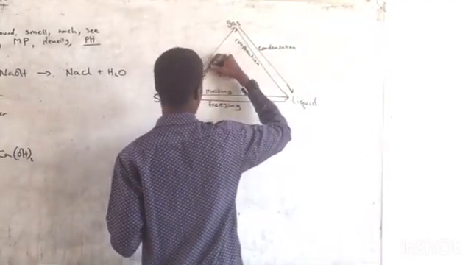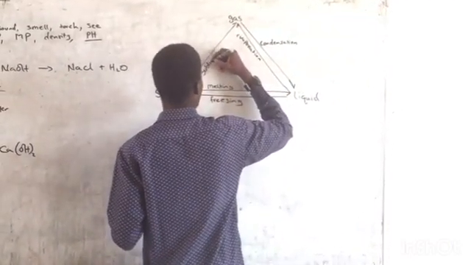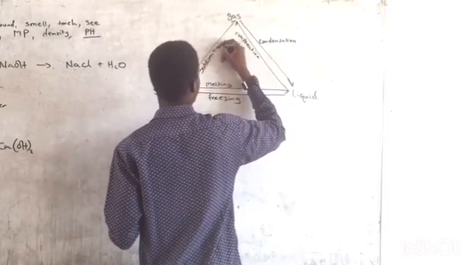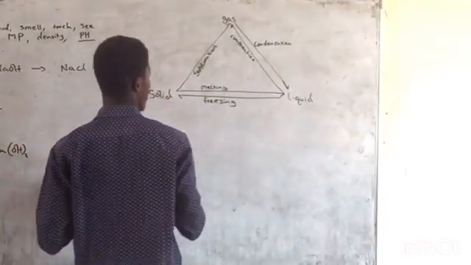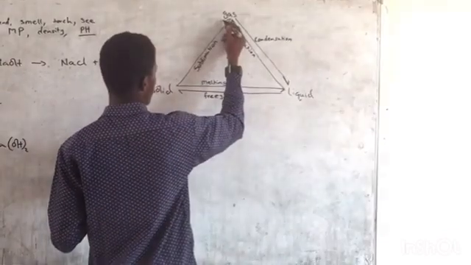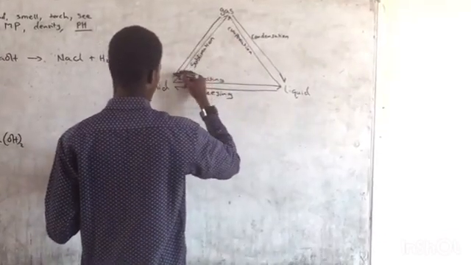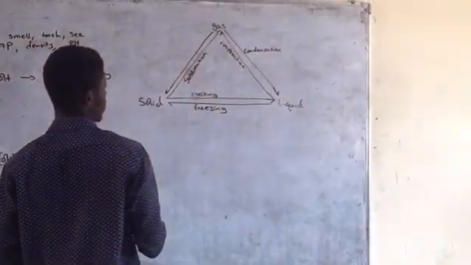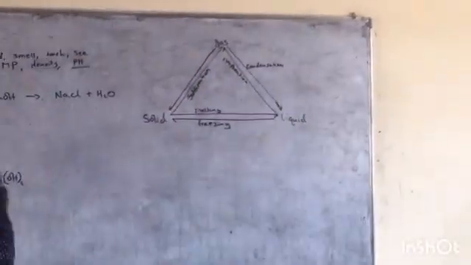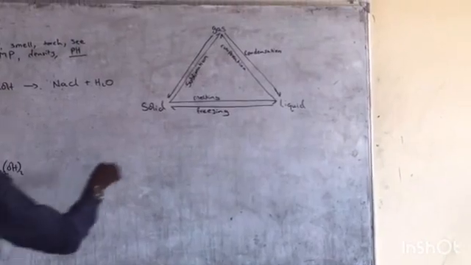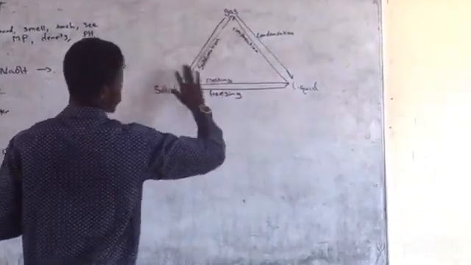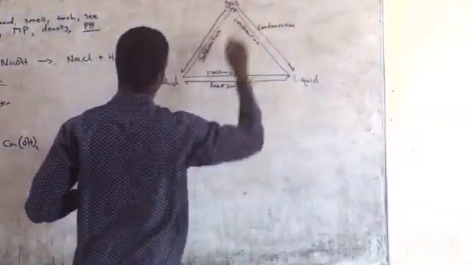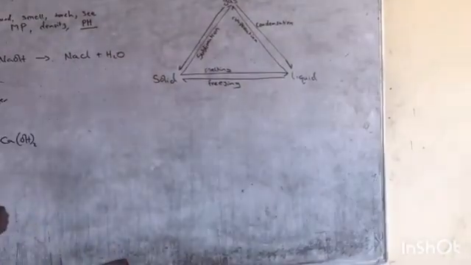This is sublimation. And there's a name for when it's coming back from gas to solid. Some people will say it's sublimation as well, or there is another name for it, deposition. There are other names for it, but you don't really need to know. The main thing you need to know about JAMB is sublimation from solid to gas.